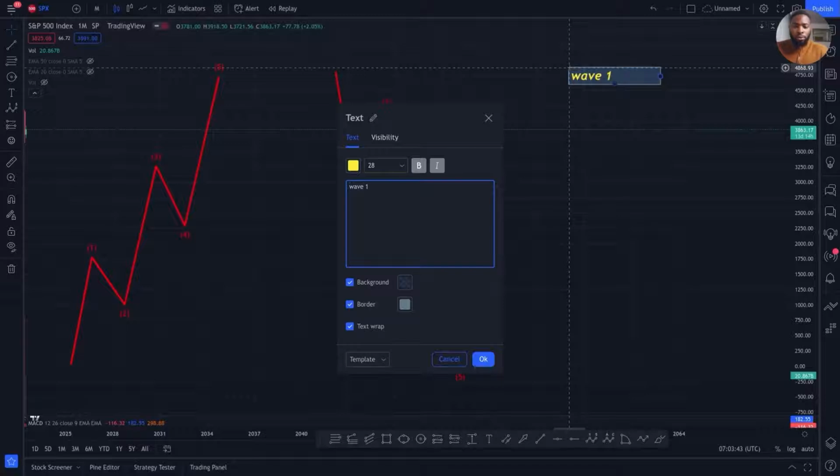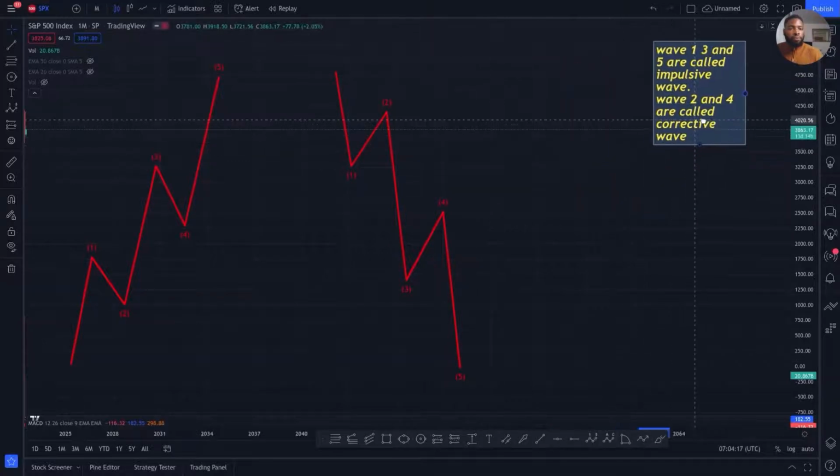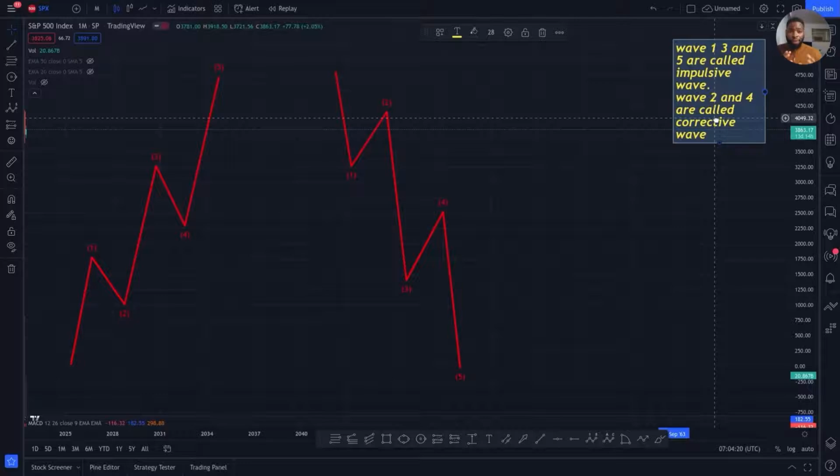Wave 2 and wave 4 are called corrective waves. This law applies for both an uptrend and a downtrend.